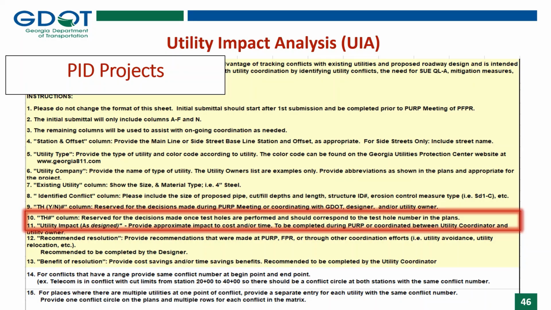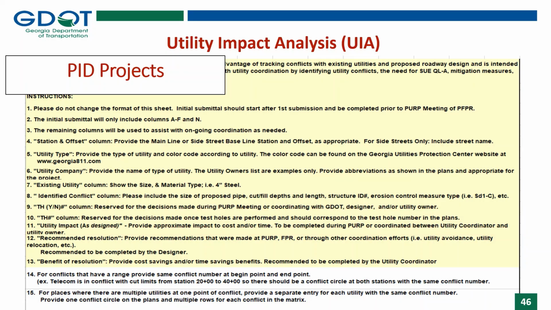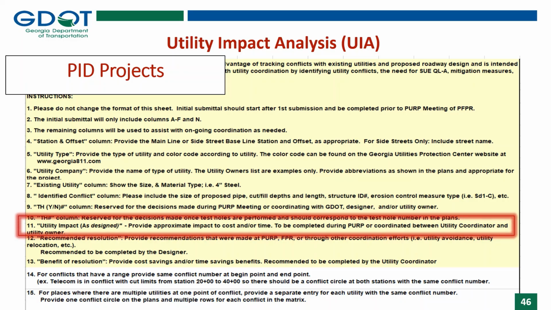Number 11, though, is necessary. The utility impact as designed should be filled out with the estimated cost to relocate the utility. However, the amount of time is not necessary to be filled in.